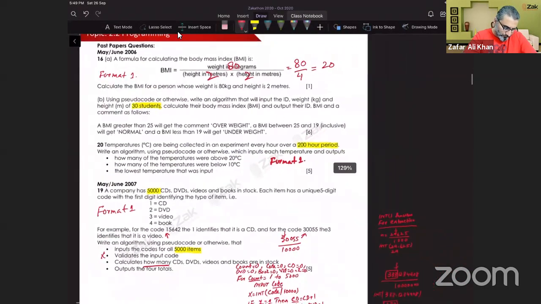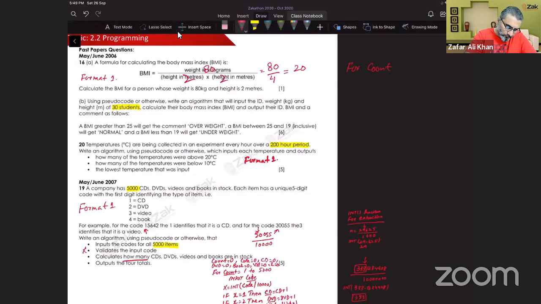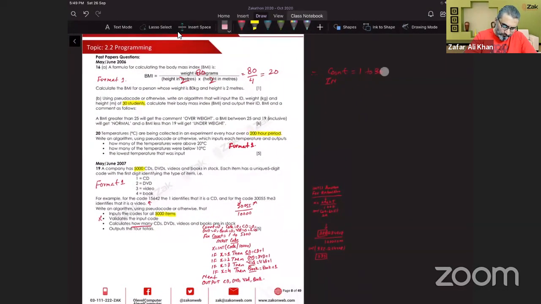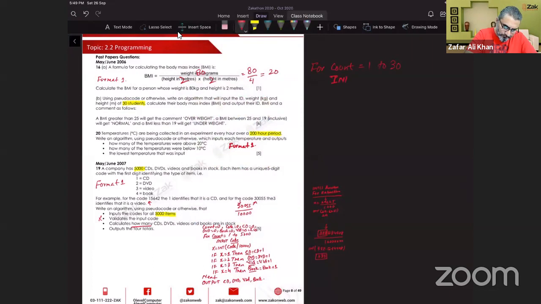So for count is equal to 1 to 30. Input ID, weight, and height.